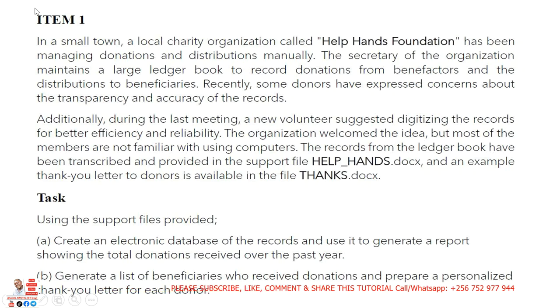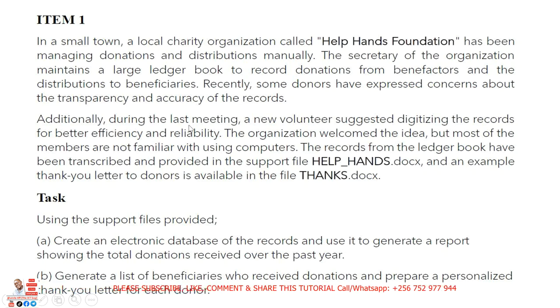If we read through, it is telling us that in a small town, a local charity organization called the Help Hands Foundation has been managing donations and distribution manually. The secretary of the organization maintains a large ledger book to record donations from benefactors and the distributions to beneficiaries. Recently, some donors have expressed concerns about the transparency and accuracy of the records.